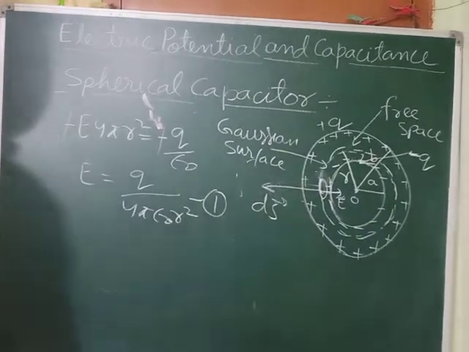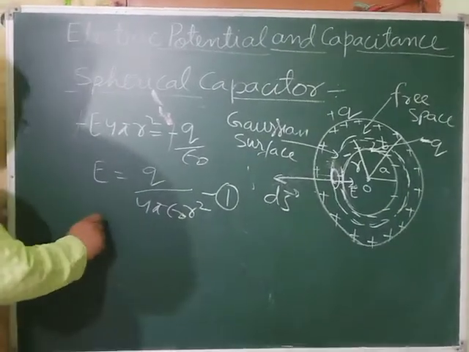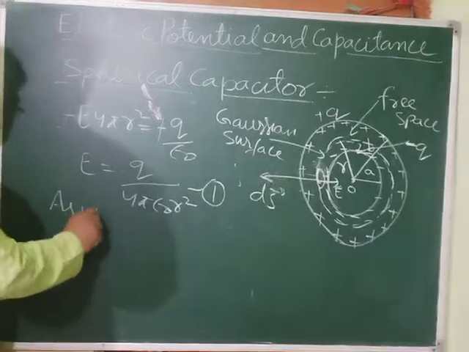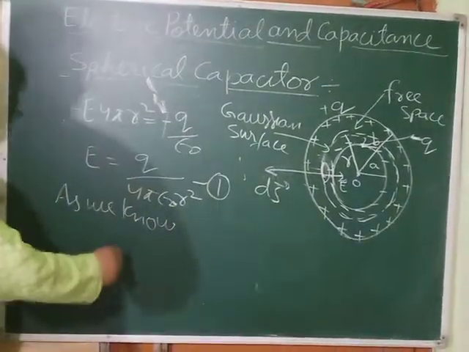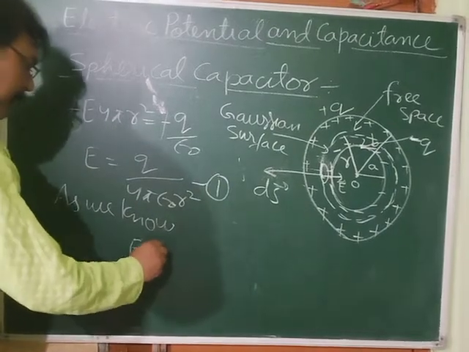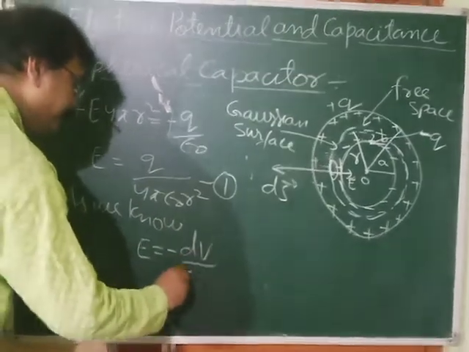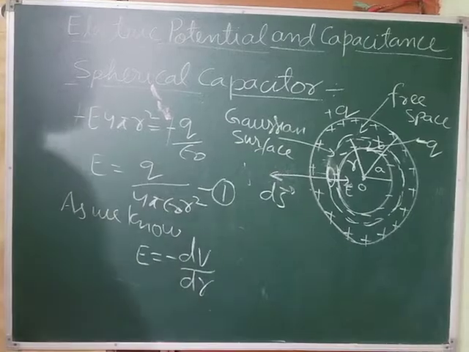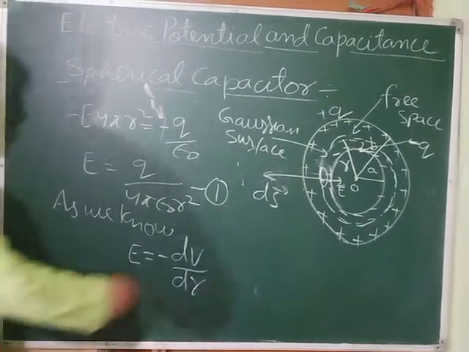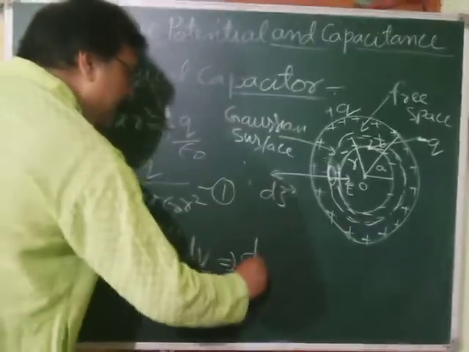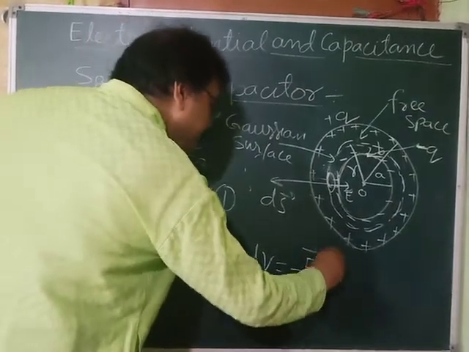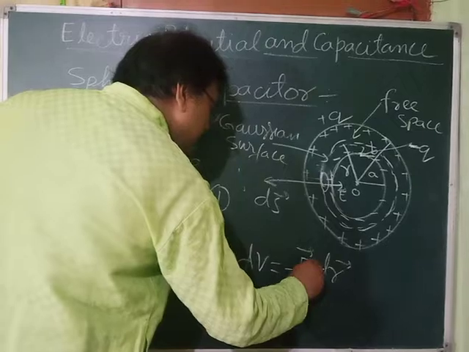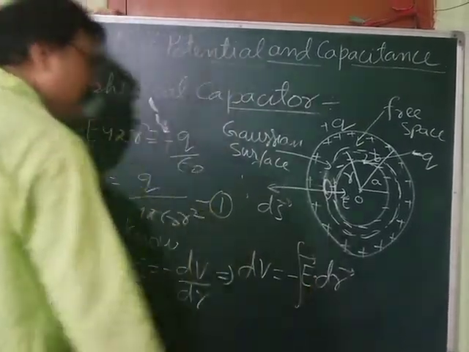Now, what we know? As we know, E is equals to minus dV by dr. Now from here, what can we write? We can write dV is equals to minus E dot dr, because E and dr both are vector quantities.